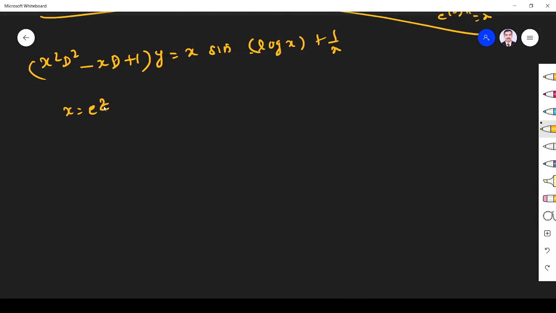The next problem is this. We have to substitute x is equal to e power z, or z is equal to log x. Fine. This is the first thing we have to do.